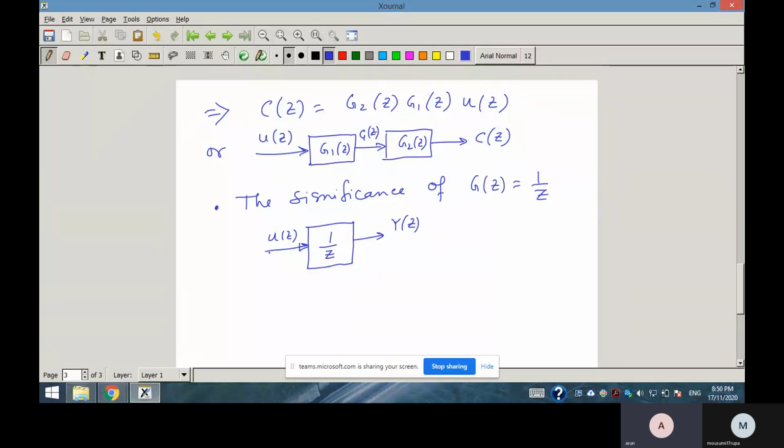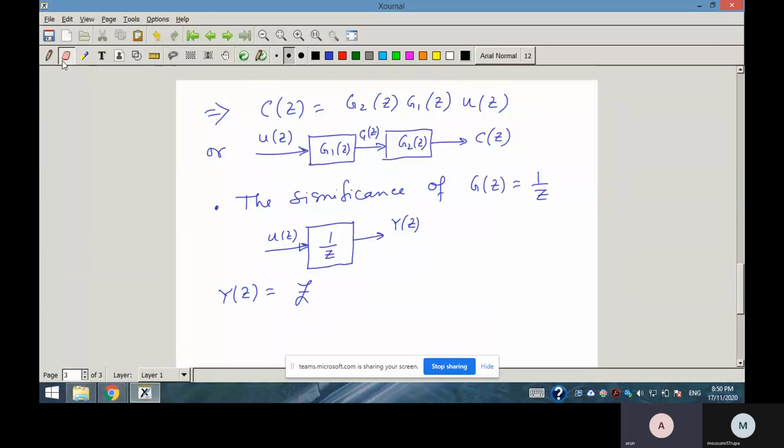That means if you give some UKT, what will be your YKT? That we want to see. Then we will be able to see what the meaning of 1 by z is.